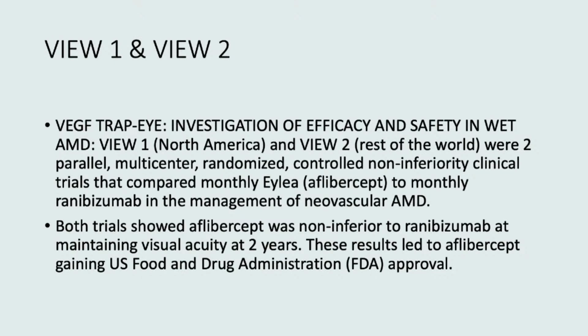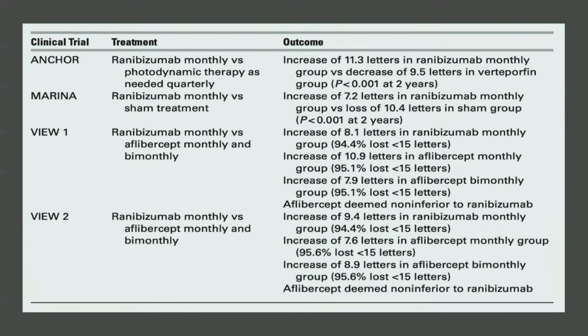It was called VEGF Trap in those days. Now it is marketed as Eylea or aflibercept. Both trials proved that it is non-inferior to ranibizumab. Not just non-inferior, but in cases where there was severe edema or edema was more, aflibercept worked a little better than ranibizumab.